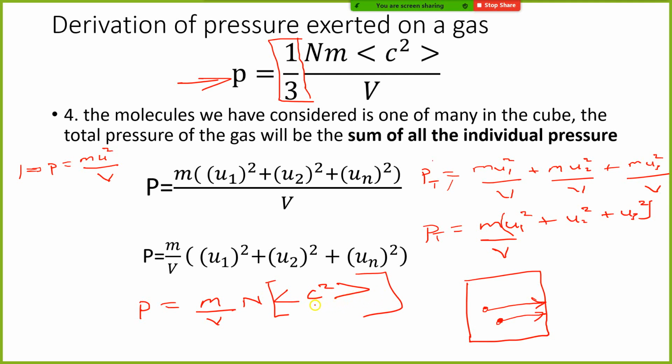But because I know the number of particles that are present, I have to factor in that number right here, which we're going to call n. So this n basically speaks to the number of particles that would essentially be colliding in the entire cube, so to speak. So we're at this point where we say that P is equal to m divided by v times n times the average velocity squared, right?